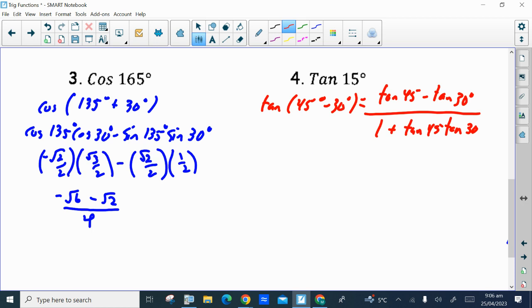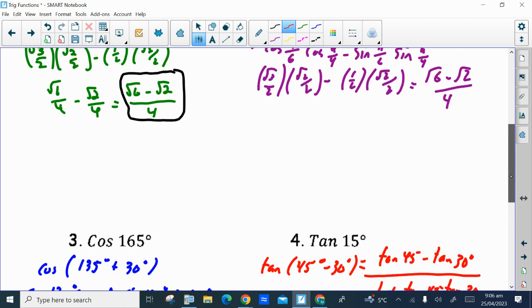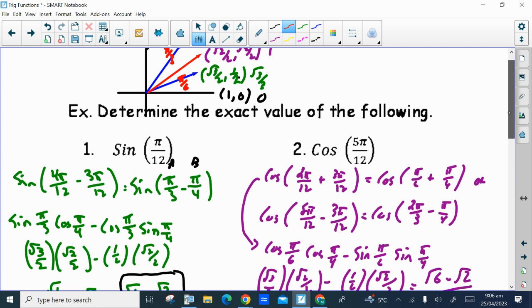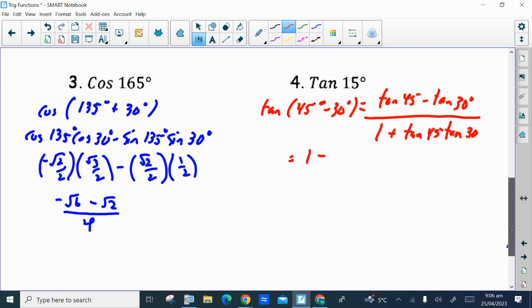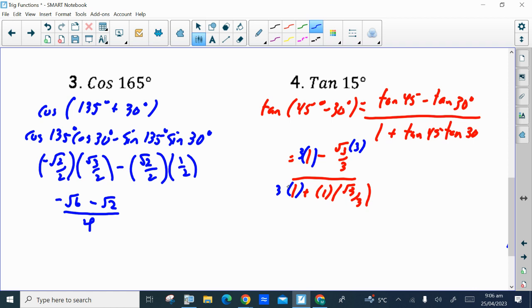The tan of 45 is 1 minus the tan of 30 degrees. That's our root 3 over 3. Over 1 plus 1 times root 3 over 3. So what I would do here is I would multiply all the terms by 3 to get rid of the denominators in the top and the bottom.